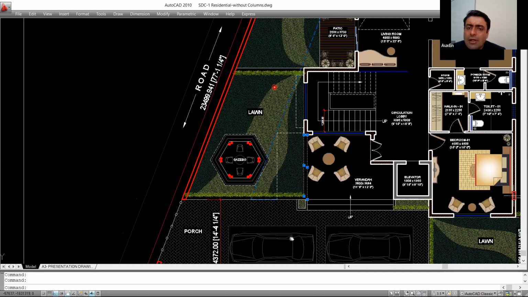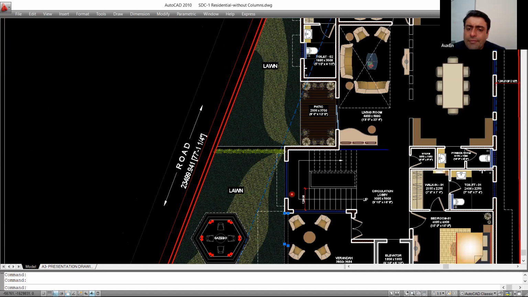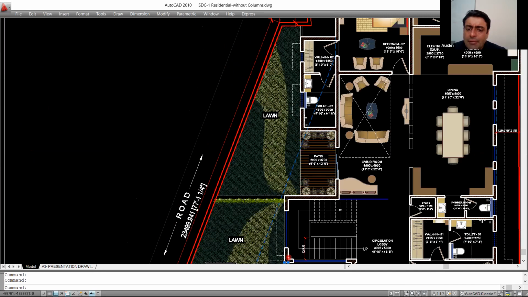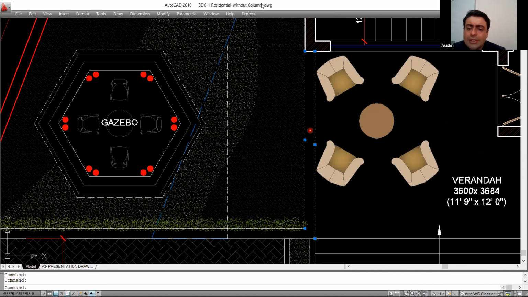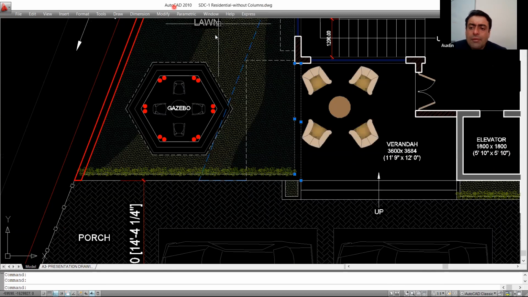I think you will have 2 steps again, I believe. Why is your lawn kept at a lower level?